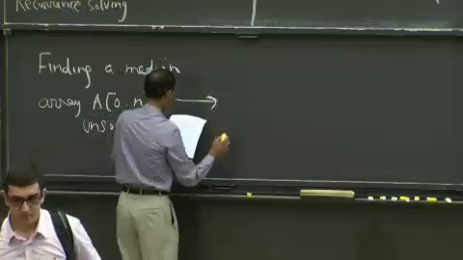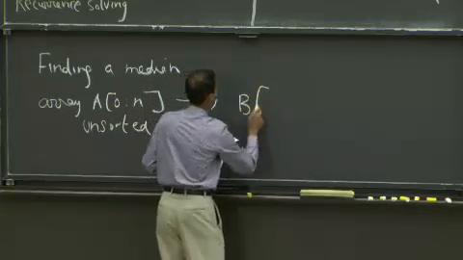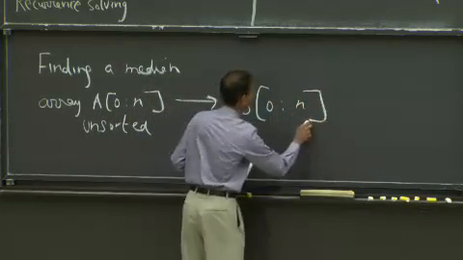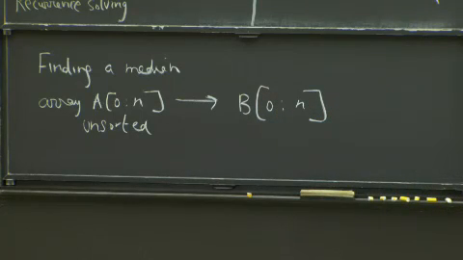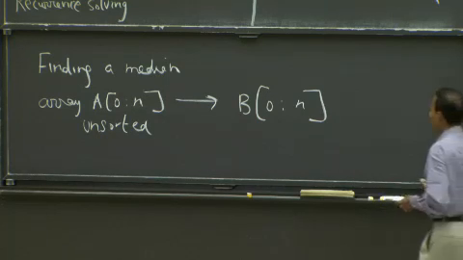When you sort, you turn this into B0 through n, where if it's just numbers, then you may sort them in increasing order or decreasing order. Let's just call it increasing order for now.